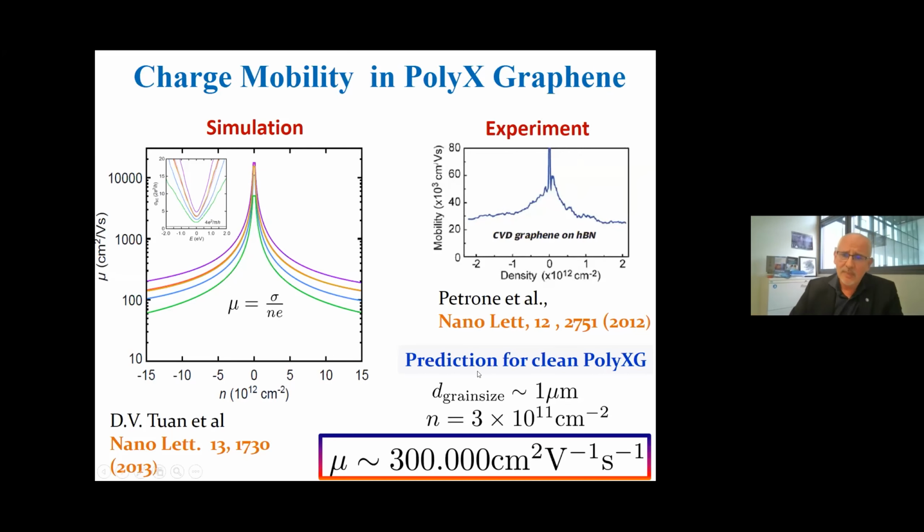Typically, for an average grain size of 1 micron and a charge density of 3 times 10 to the 11, which is the usual value that is used, you will get a mobility of 300,000. So this is giving a kind of number between the morphology of the polycrystalline graphene and the eventual charge mobility that you will obtain.